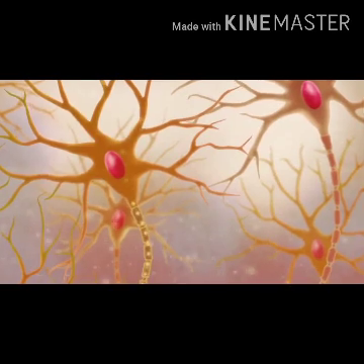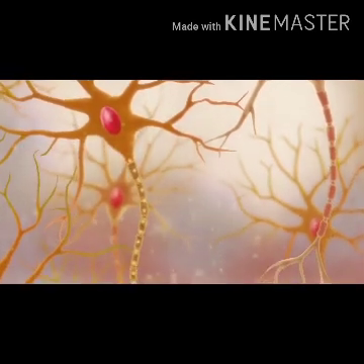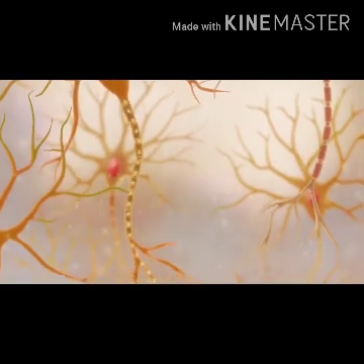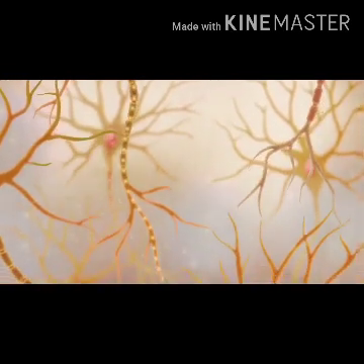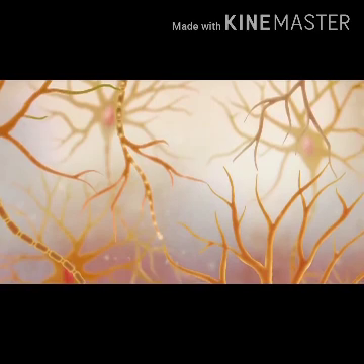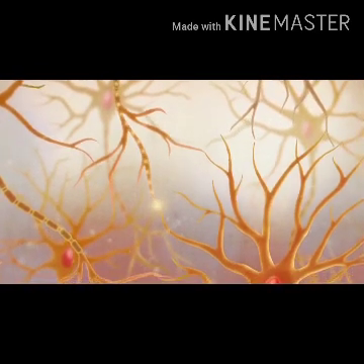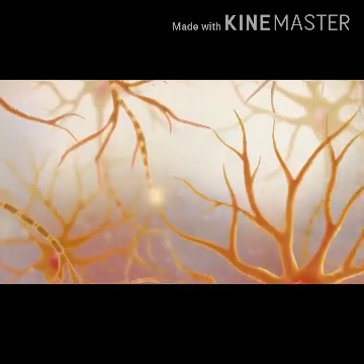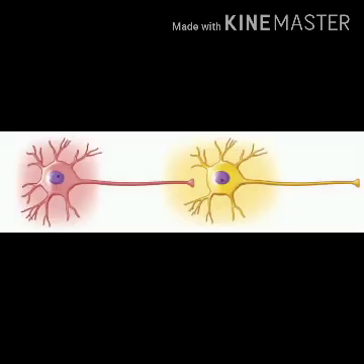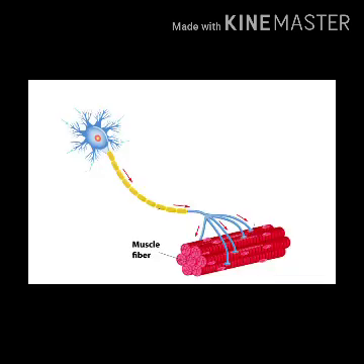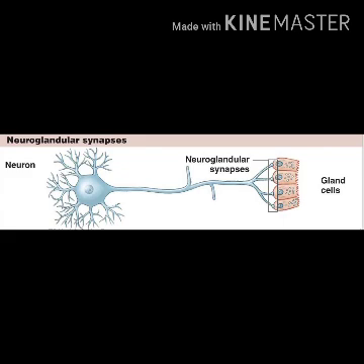Transmission of impulses through synapse. The junction between a neuron and another cell is called synapse. Synapse can be formed between two neurons, or a neuron and a muscle cell, or a neuron and a glandular cell.